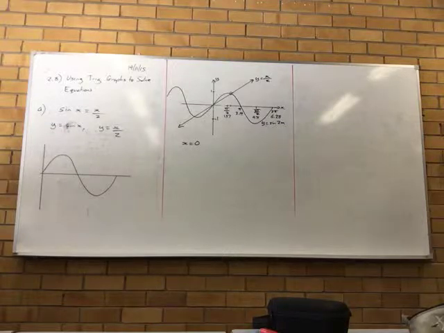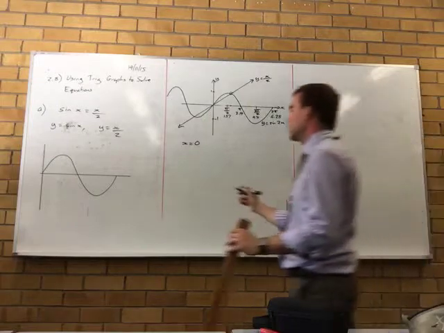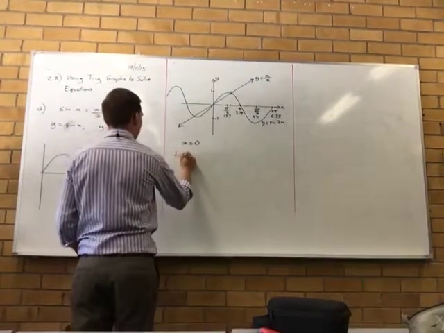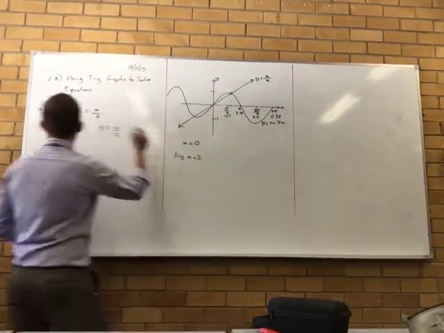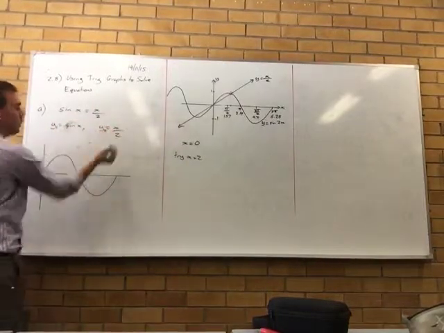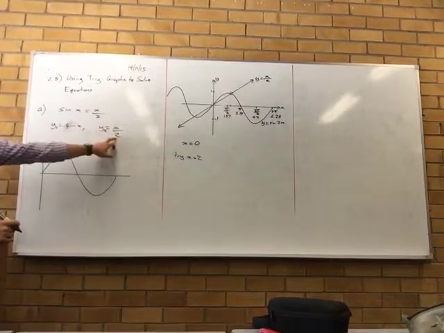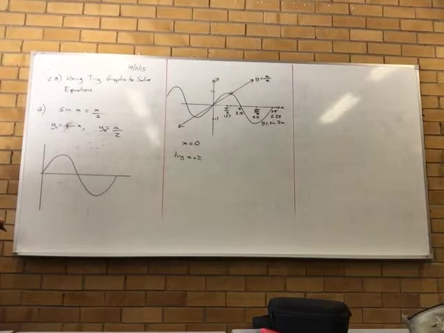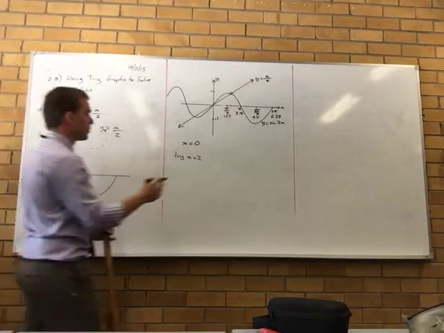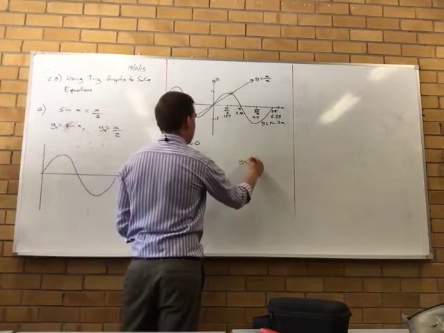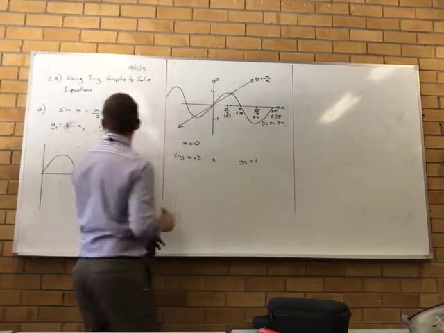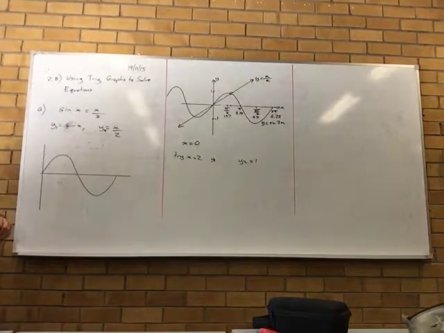So this is where you'll need to go to the calculator. I would go maybe 2. So try x equals 2. Let's call this y1 and y2. So 2 over 2 is 1, so we know that y2 is 1. What is sine of 2 in radian mode?